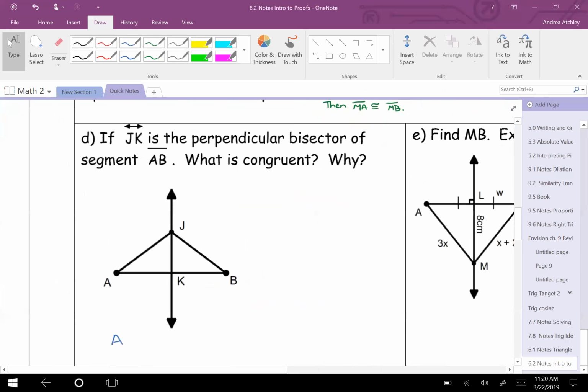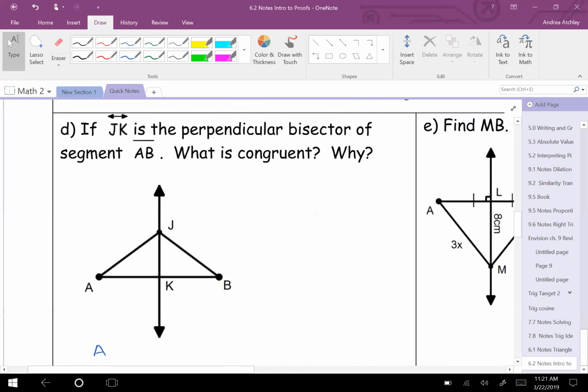Okay, so if JK is the perpendicular bisector of segment AB, what is congruent and why? Very good. So the first thing would be segment JA is congruent to segment JB.